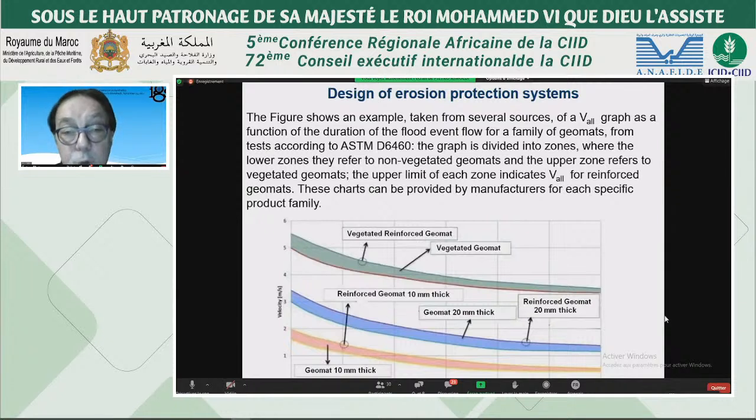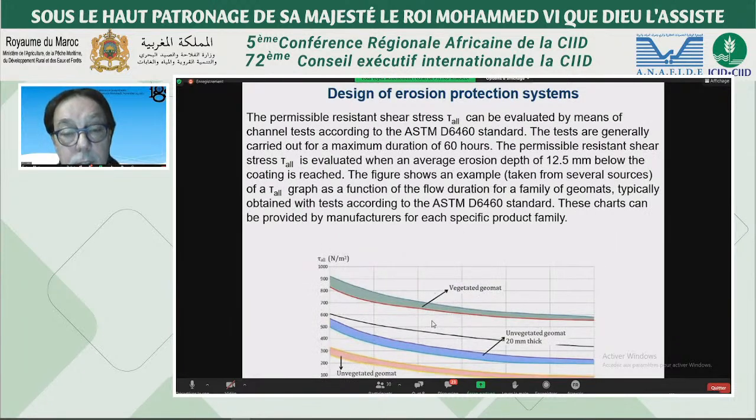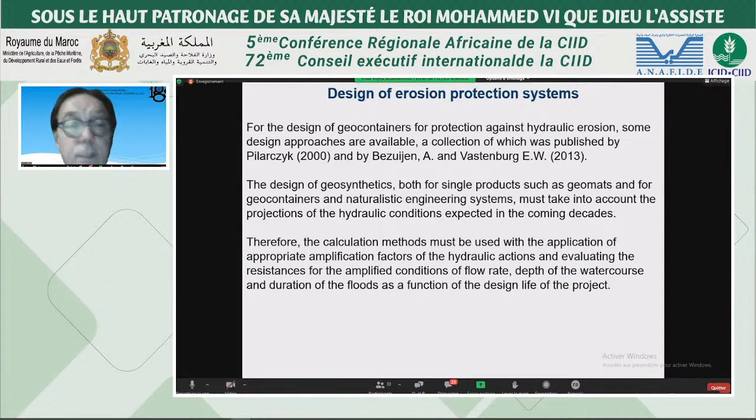Et je vais juste vous dire que le fabricant peut procurer des graphiques spécifiques que l'on trouve très souvent dans des tests selon l'ASTM D6460, ce qui donne une certaine vélocité pour les produits comme le Geomat contre la vélocité hydrique et aussi par rapport aux périodes plates.